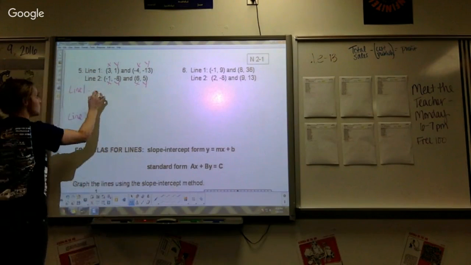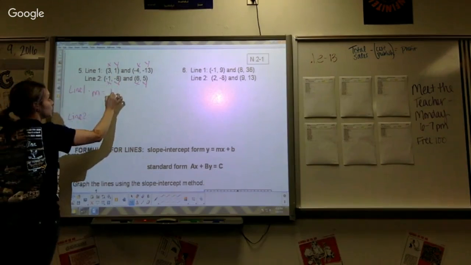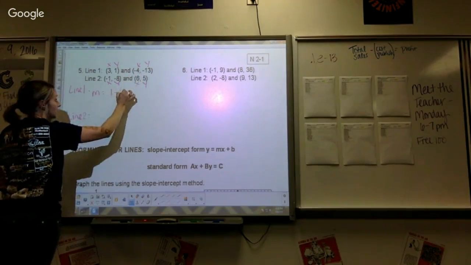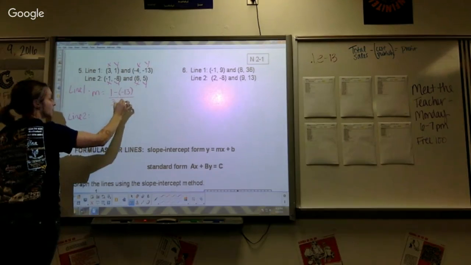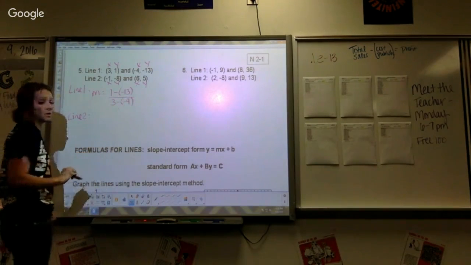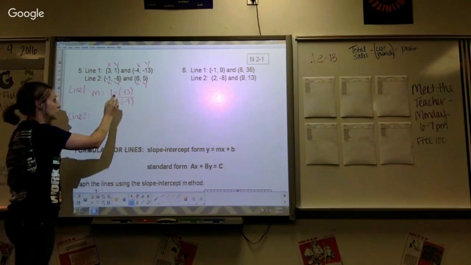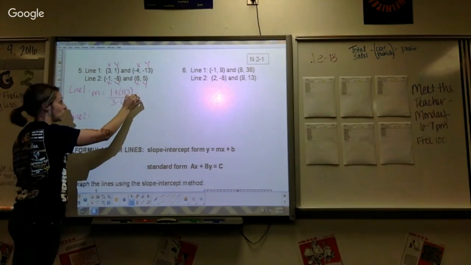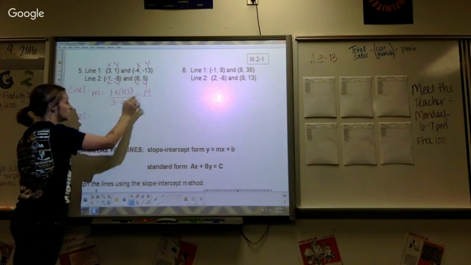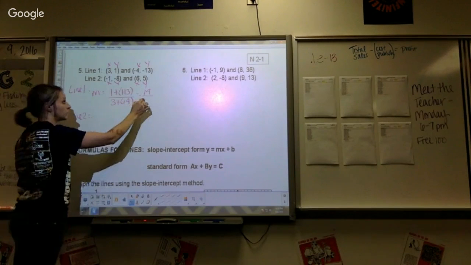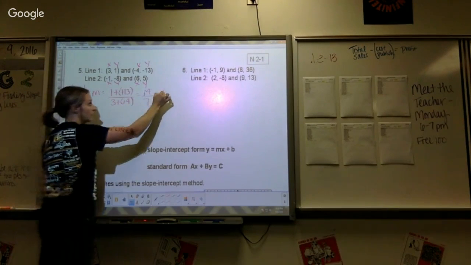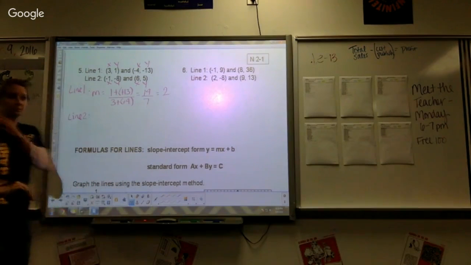So to find the slope, you have 1 minus a negative 13 divided by 3 minus a negative 4. Remember we talked about on the front, when you subtract a negative, it changes to plus. So that would be 14. The bottom also becomes plus, so that would be 7. 14 divided by 7 would equal 2.